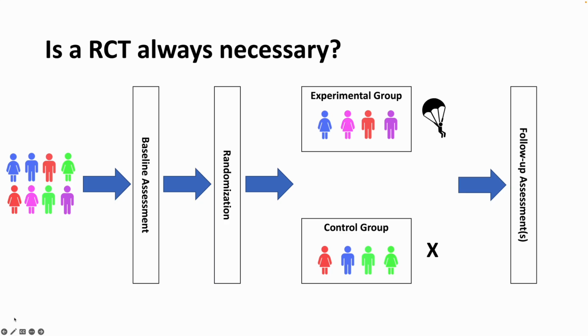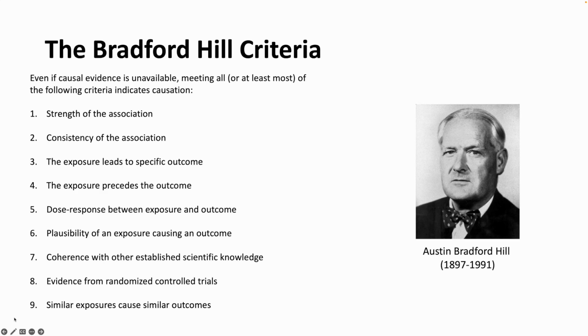But the point is that we don't always need to have an RCT in order to show causality. We can show causality through other things. And so one of the simplest ways that we can do this is something called the Bradford-Hill criteria. Austin Bradford Hill was an epidemiologist who worked primarily on smoking in the 1960s, and he provided a broad number of different types of evidence that we can use in order to determine causality, because the likelihood is that we're not ever going to do a formal RCT to look at whether smoking causes lung cancer.